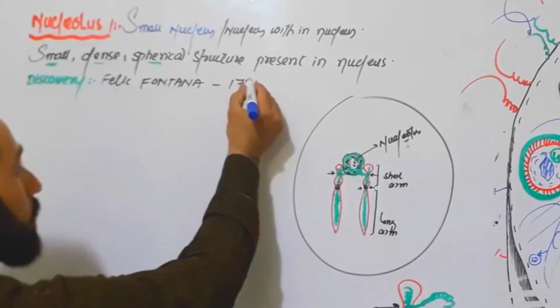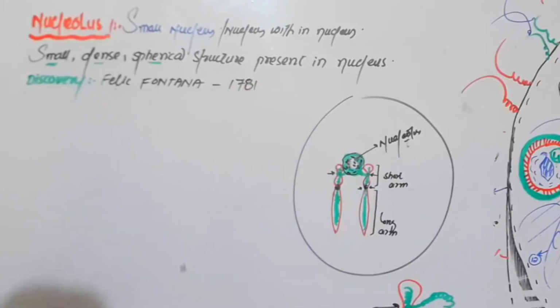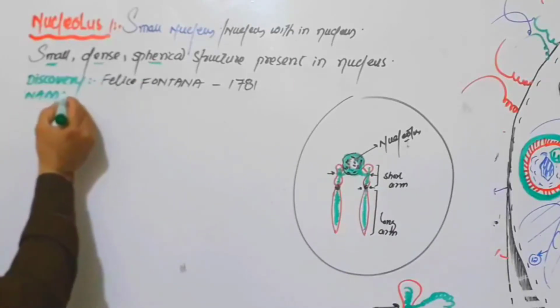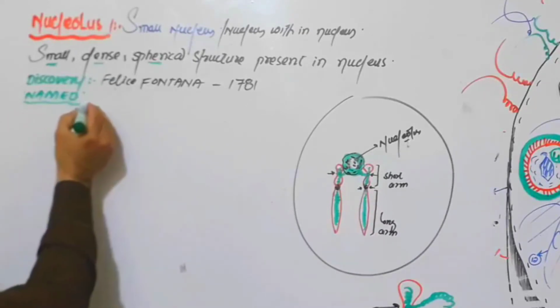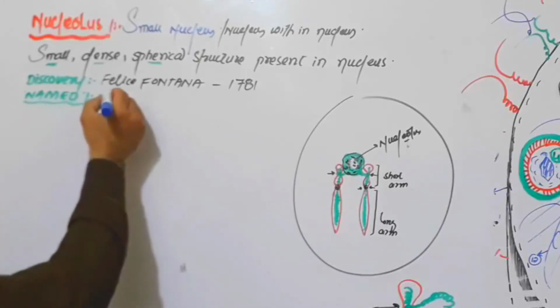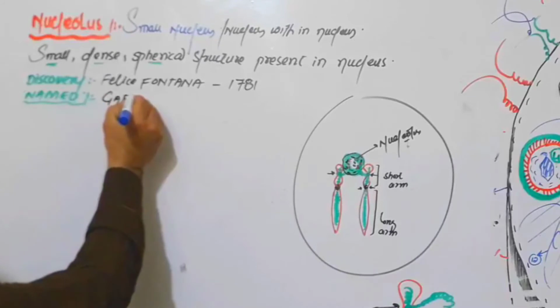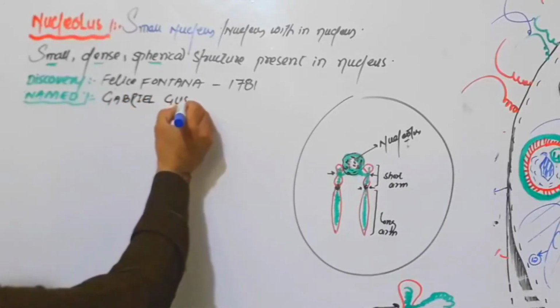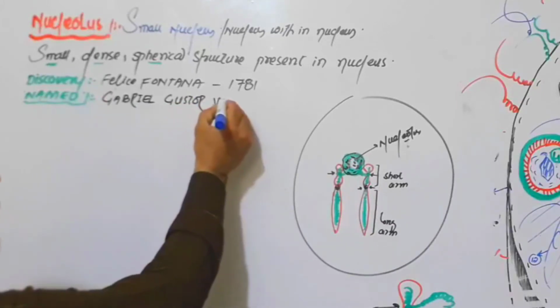He was the person who discovered the nucleolus for the first time. Who named it nucleolus? There was another scientist whose name was Gabriel Gustav Valentin.